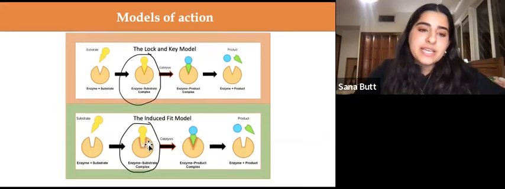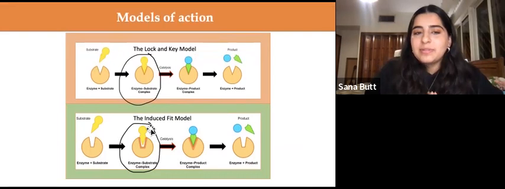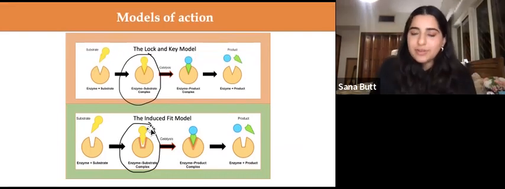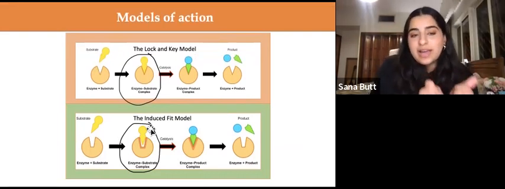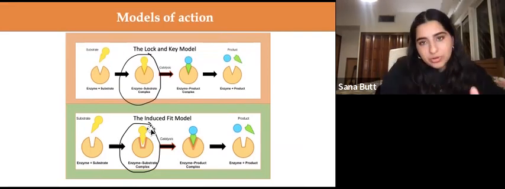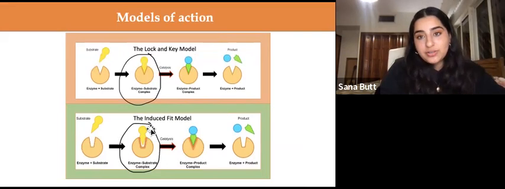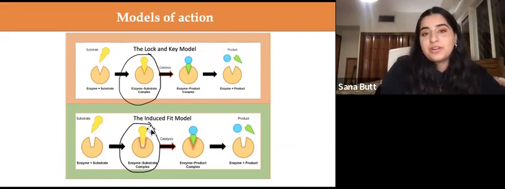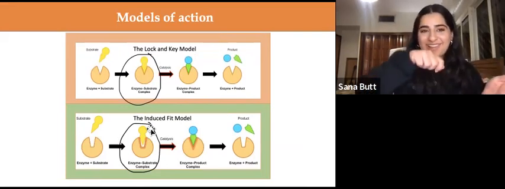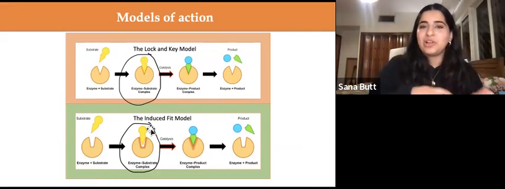It's the same concept, but there's a specific chemical environment within the active site that, when exposed to the chemical environment of the substrate, undergoes a conformational change that makes it fit so much better. It's like Play-Doh instead of a perfect metal lock and key.